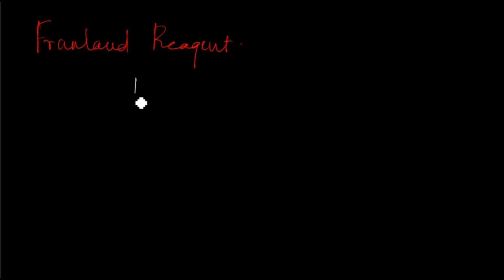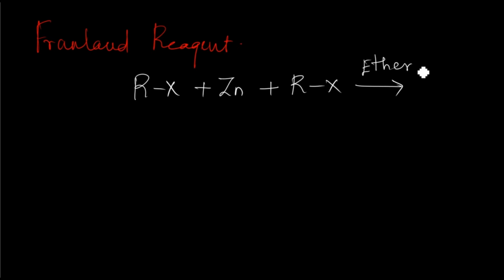Here you can see I'm taking RX alkyl halide with zinc and RX. Okay, so in the presence of ether, it is giving us higher alkanes, true. Along with that, I'm getting zinc halide. So this follows the formation of an organozinc compound as its intermediate. Okay, so the Gilman reagent is important. The Wurtz reaction is important. You can see the Frankland reagent as well.